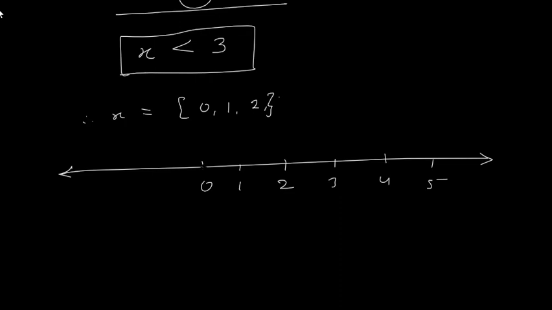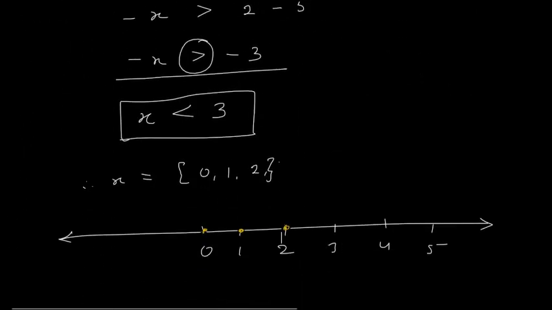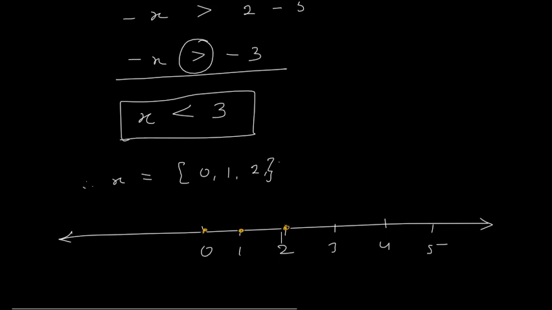This is 0, this is 1, this is 2. So 0, 1, 2 are the solutions, or if I want I can use some different color. This is 0, 1 and 2. So 0, 1, 2 are the solutions, are the part of the solutions. Okay, third problem.